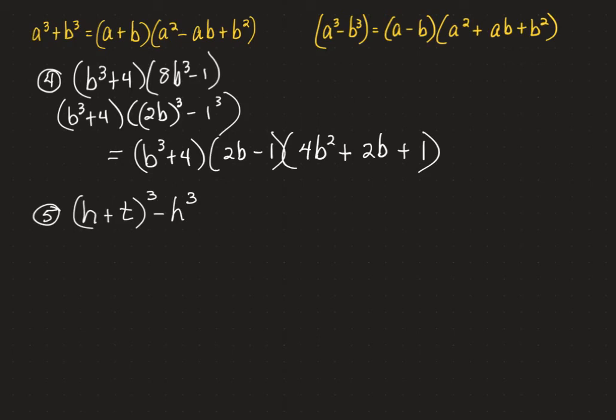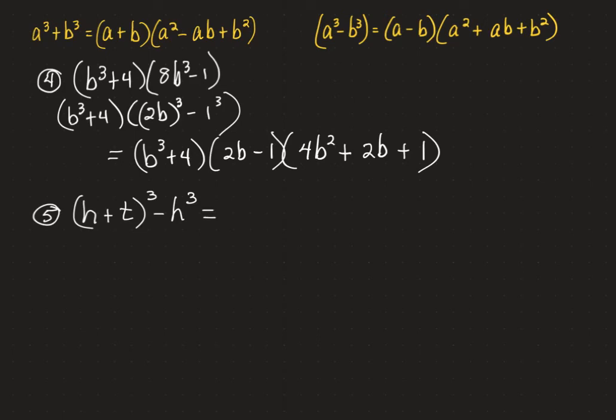Let's look at a fifth example. Our first term is no longer a simple single term cubed or a multiplication cubed. It is a sum that is cubed, but that is still considered one term because it's in parentheses. And what's in parentheses is cubed, so we do have the difference between two cubes.